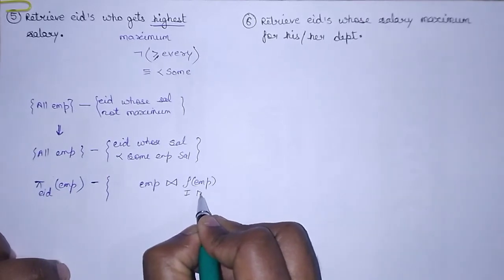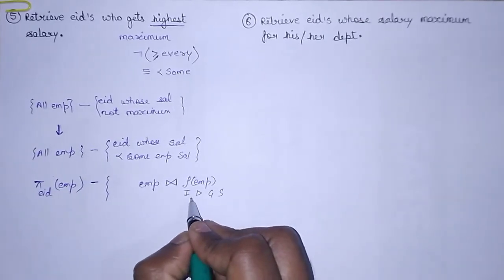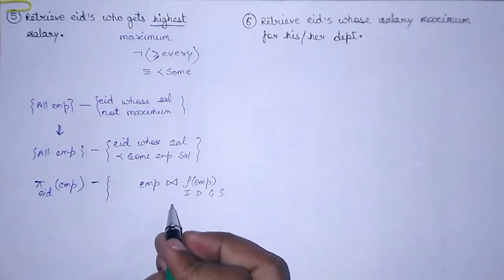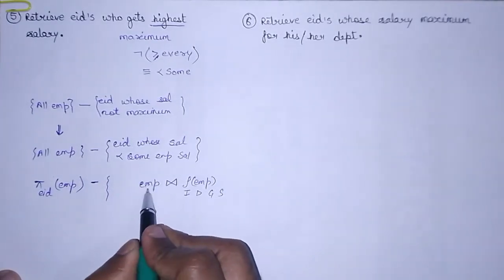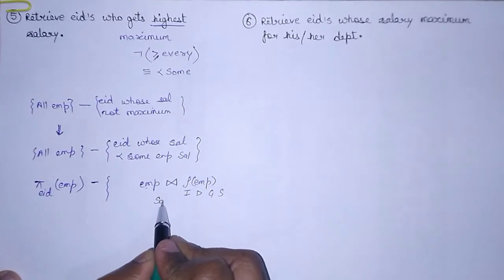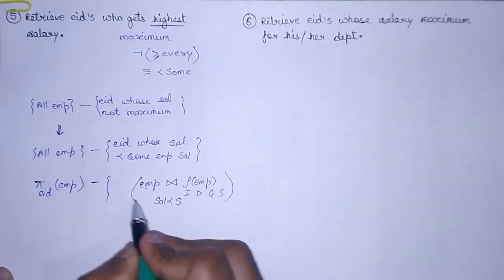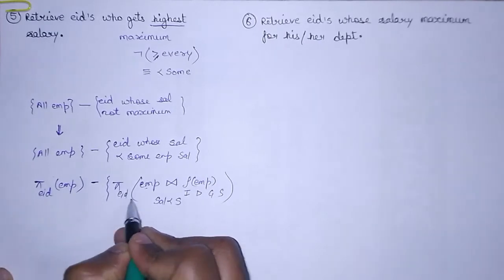Similarly, I am taking IDGS, employee ID, department, gender and salary, and we have to make sure that the salary is taken from this. So salary is less than S. Left table salary is less than right table salary. And finally, we have to project the employee ID.